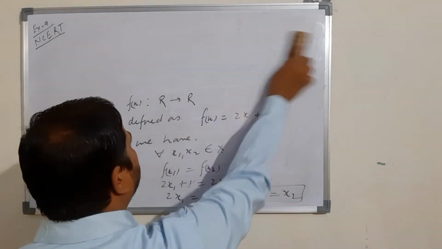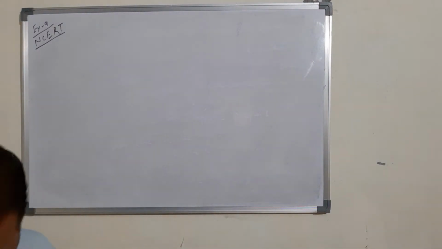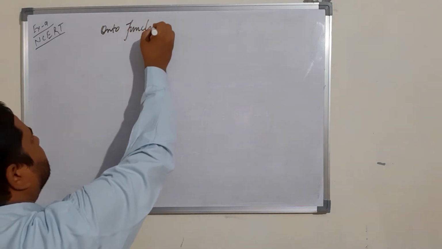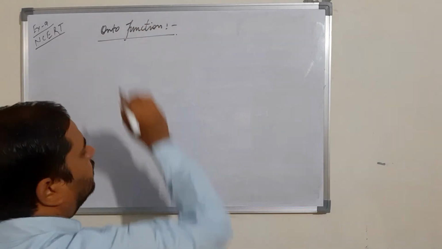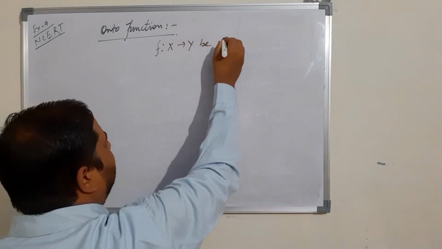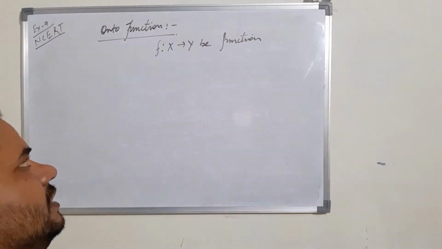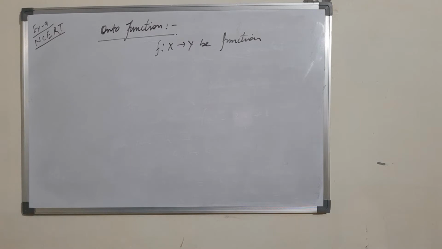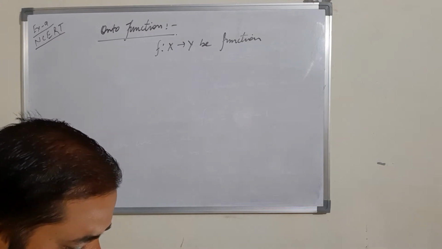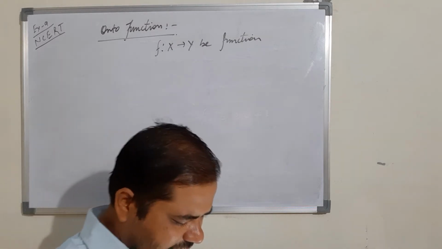For onto function, let f from X to Y be a function. Then this function is said to be onto function if each element of Y is the image of some element of X under f.